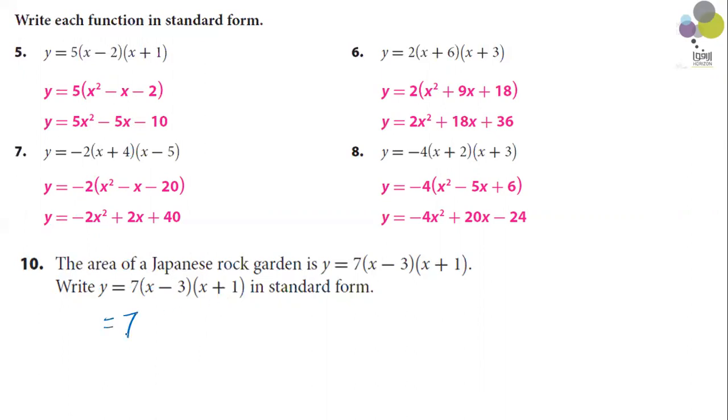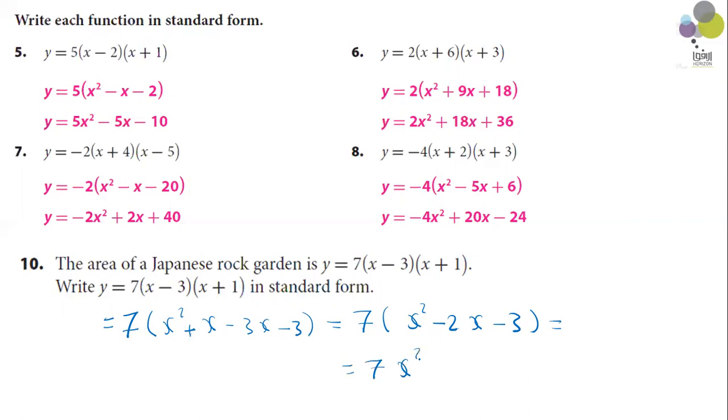So 7 outside, we have x squared plus x minus 3x minus 3. Combine like terms: 7 multiplied by x squared minus 2x minus 3. Distribute 7: 7x squared minus 14x minus 21.